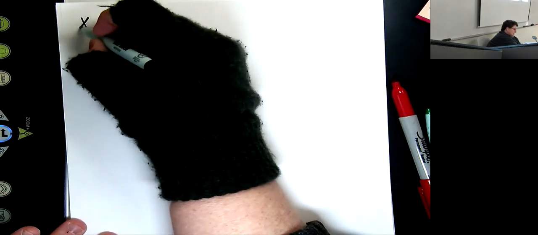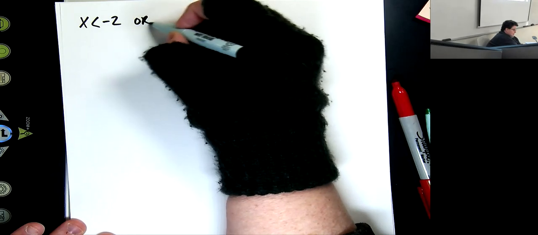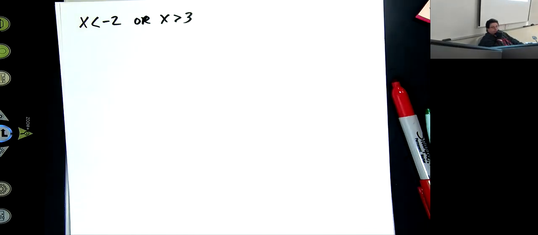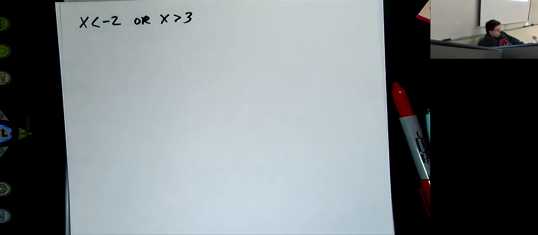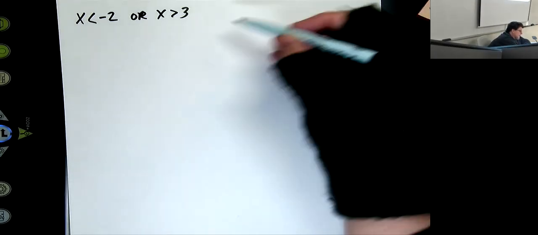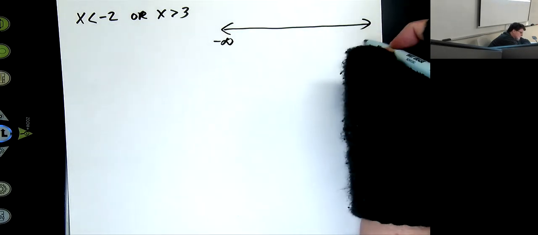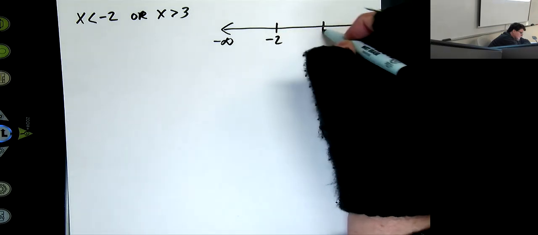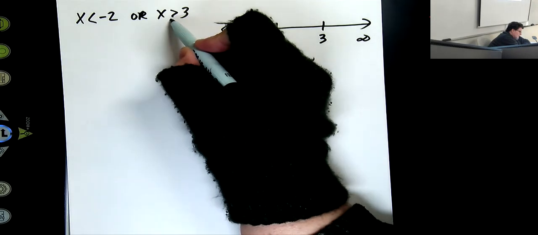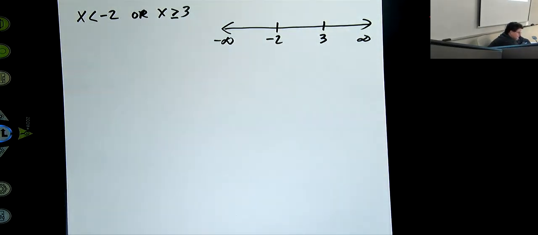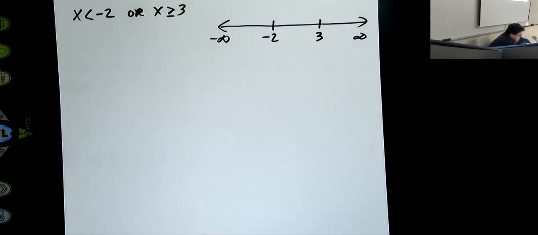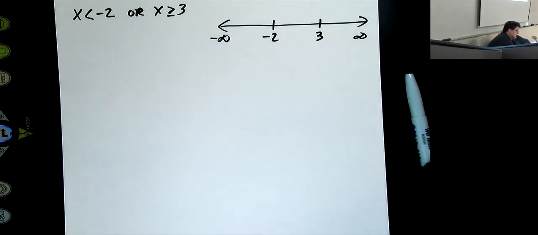If I say x is less than -2 or x is greater than or equal to 3, I make my number line. We can do them separately.